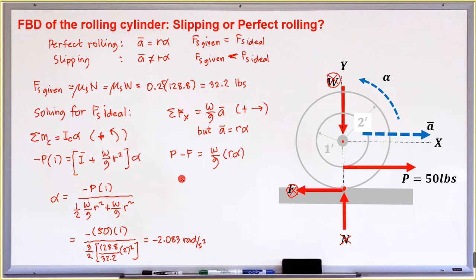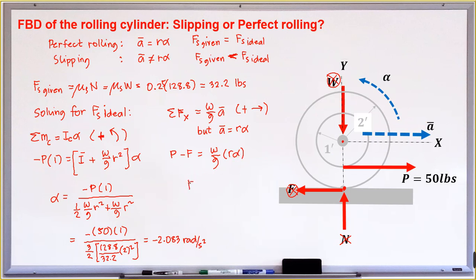Again, we take the absolute value of our alpha this time because we already know the direction of our acceleration, which is towards the right. So therefore we use the absolute value of our alpha.